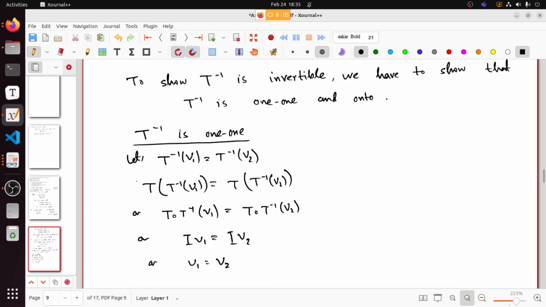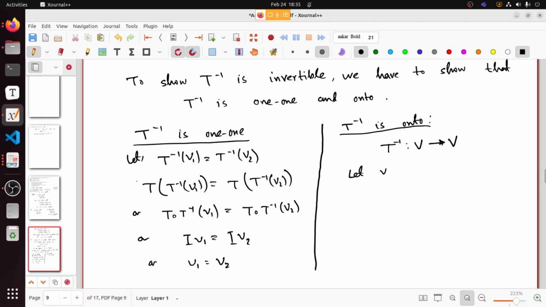Now let's check T inverse is onto. So you have to check T inverse is onto. T inverse is a map from B to B. Now you have to take a vector in the codomain and find a pre-image, right? So let V be in B, then you have to find a pre-image.